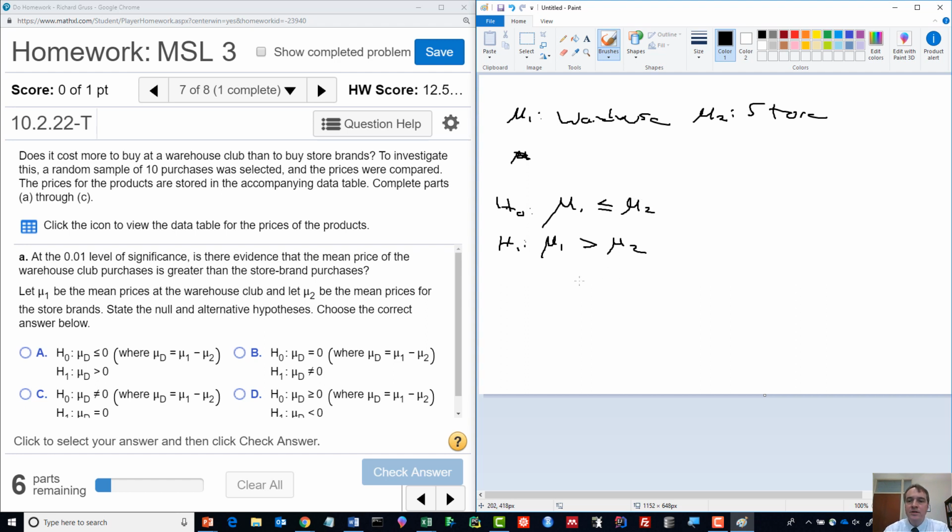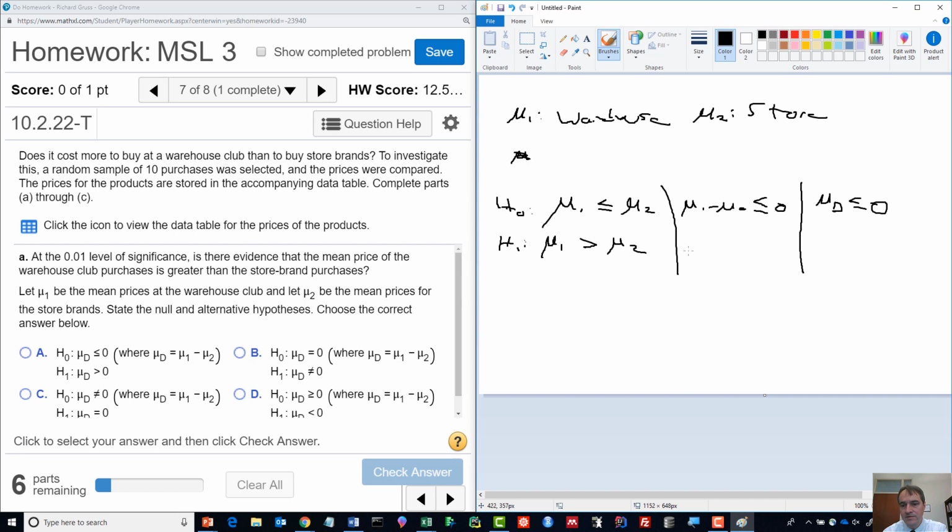Now I'm going to do a little bit of algebra to transform these. This is really the same as mu1 minus mu2 is less than or equal to 0, and mu1 minus mu2 can be abbreviated mu sub d. So mu d is less than or equal to 0.